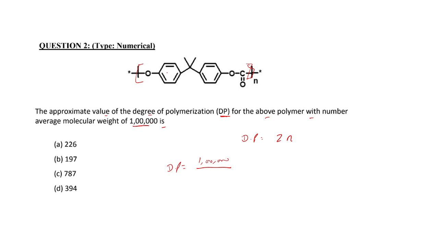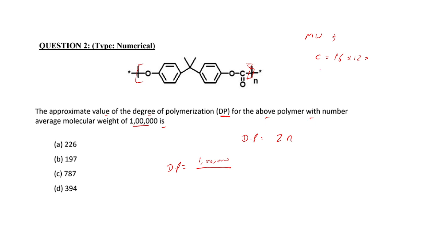So you need to find out how much the molecular weight is. First, we will count how many carbons there are: 6 plus 6, 12, 12 plus 3 and 4, so 12 plus 4, 16. So 16 into 12.